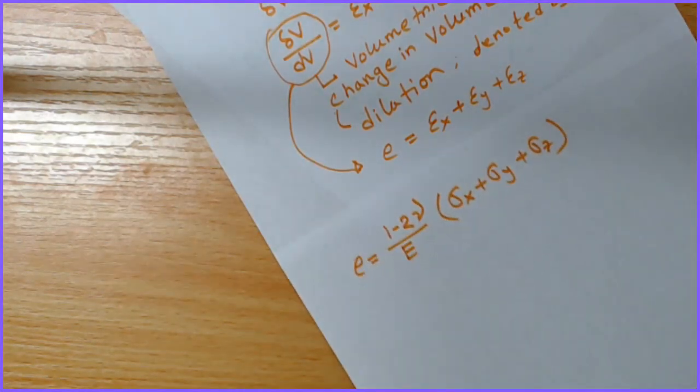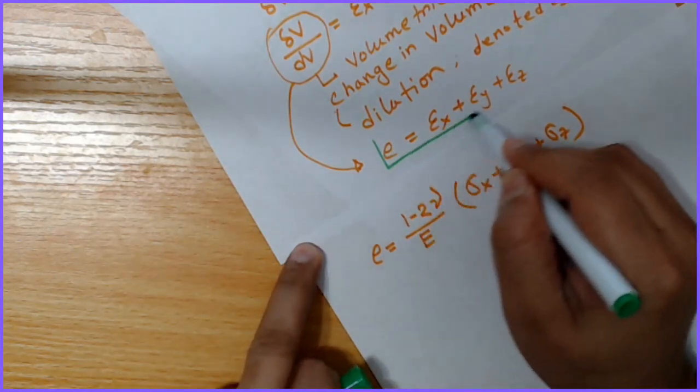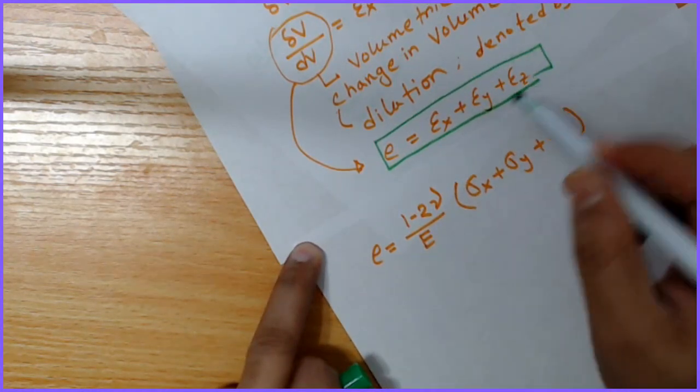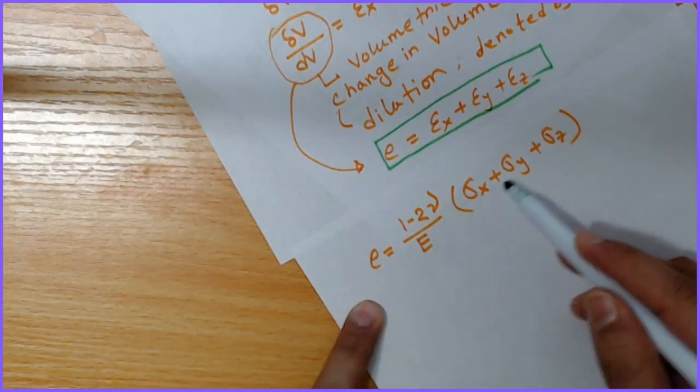So the first formula is the correlation between dilation and the strain, and this formula correlates dilation with the stress.